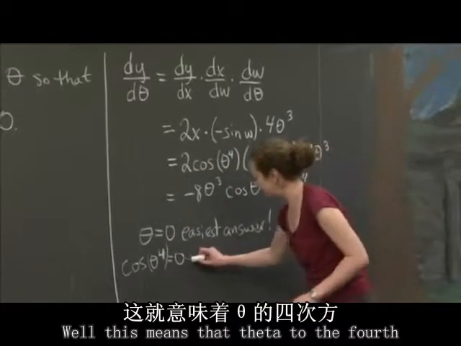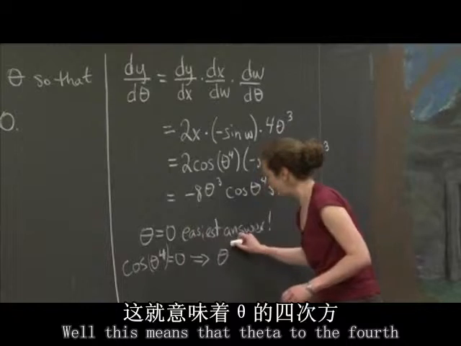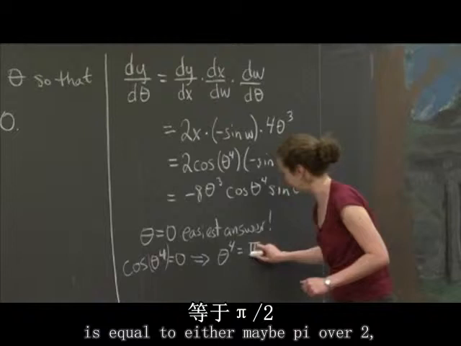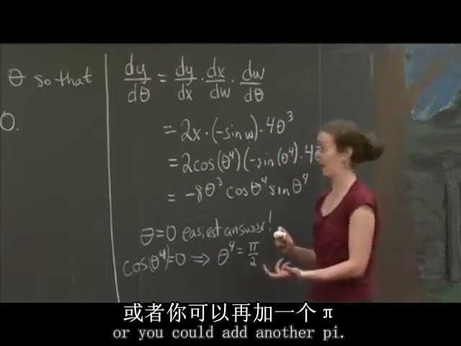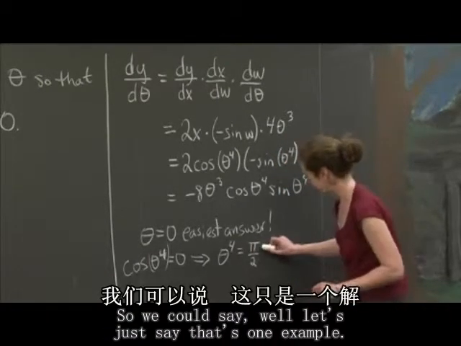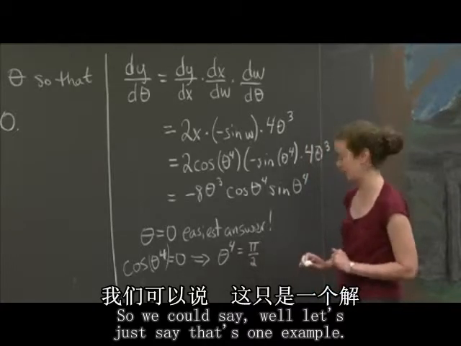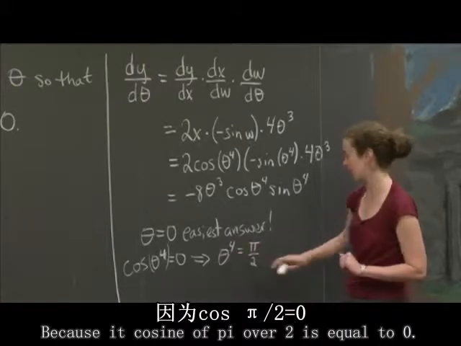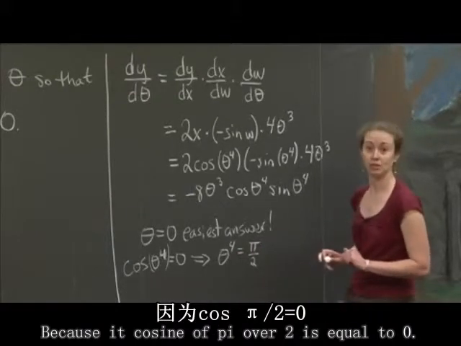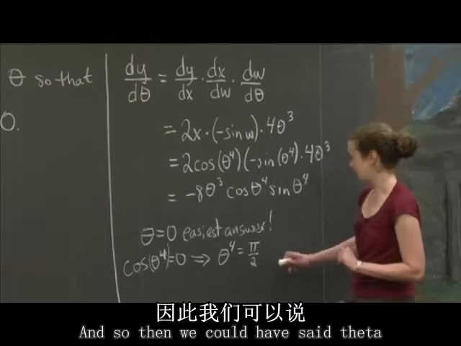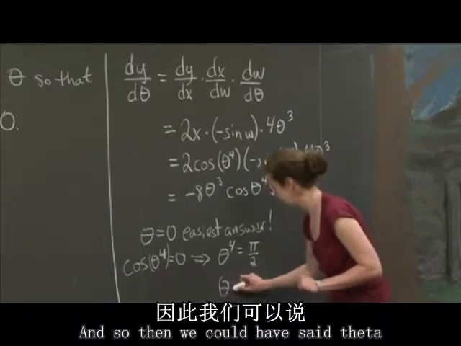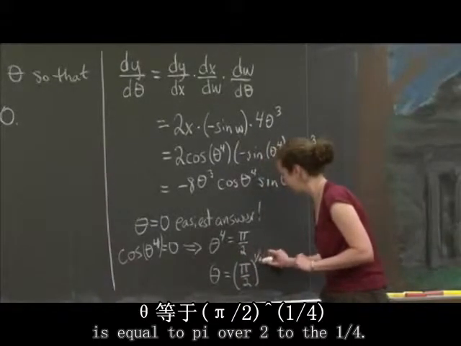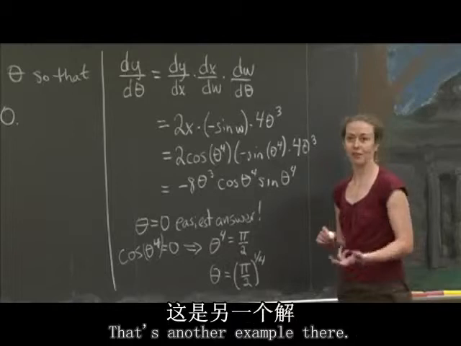Well, this means that theta to the fourth is equal to either maybe pi over 2, or you could add another pi. Okay, so let's just say that's one example. Theta to the fourth equals pi over 2 would work, right? Because cosine of pi over 2 is equal to 0. Okay? And so then we could have said theta is equal to pi over 2 to the 1/4. Okay? That's another example there.